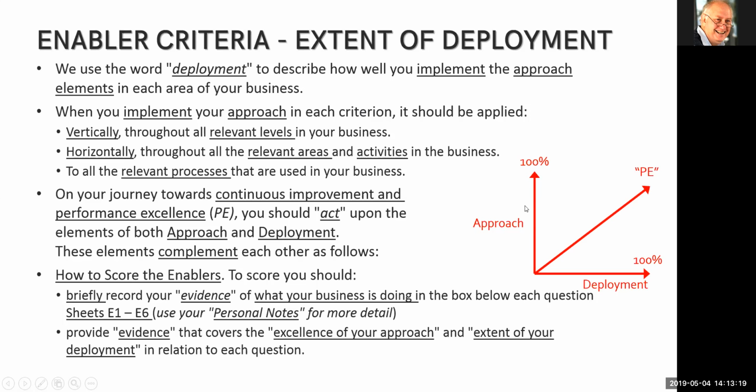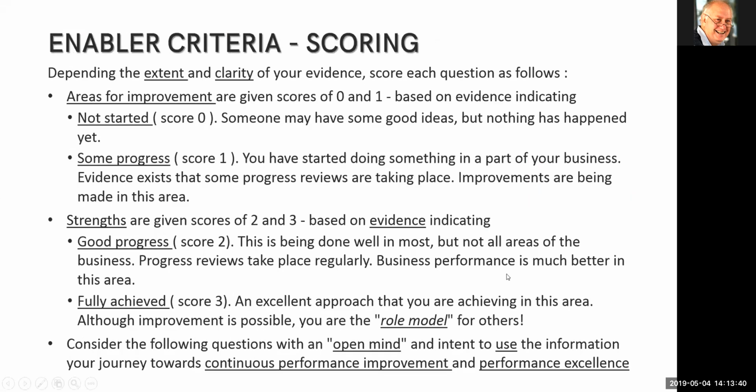So use this approach and deployment balance when you ask the questions, completing sheets E1 to E6, which is the enabler criteria, referring to your personal notes for more detail and getting your information for that. Also, I already set the 0, 1, 2, 3 score. So in a PDF, you will also receive that to say, okay, what does a 0 and a 1 mean? So please refer back to that.